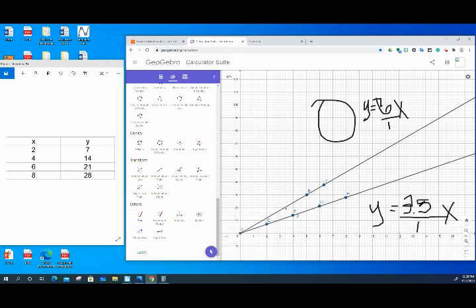So for every 1 minute, it's a change of 3.5. For every 1 minute, it's a change of 6, or however you want to read those. So we know that in this instance, the table grows at a slower rate than the graph.